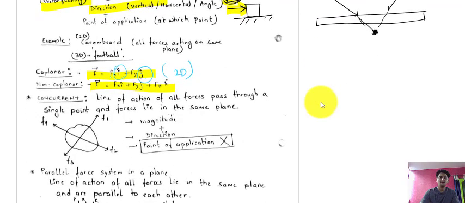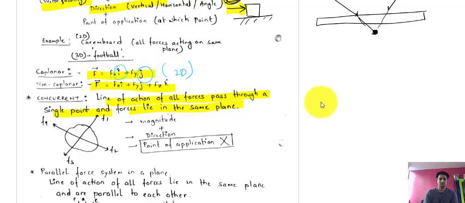Now, what is a concurrent force system? Where the line of action of all the forces passes through a single point and the forces lie in the same plane. When the forces lie on the same plane, that means it is a coplanar system. So you can say coplanar concurrent system, where the line of action of all the forces passes through a single point.